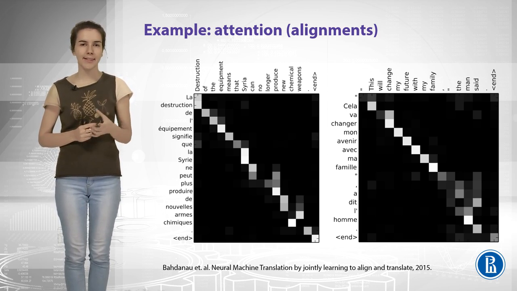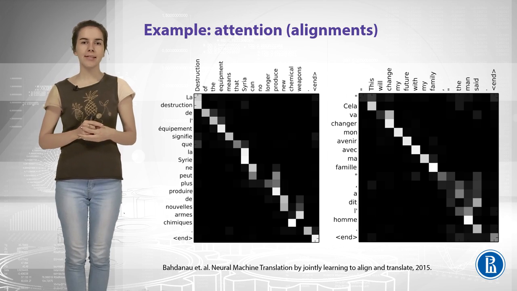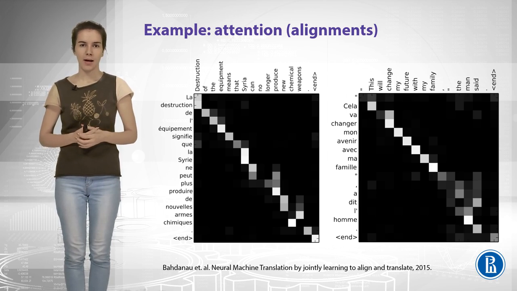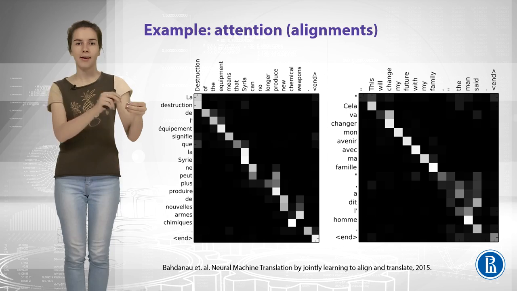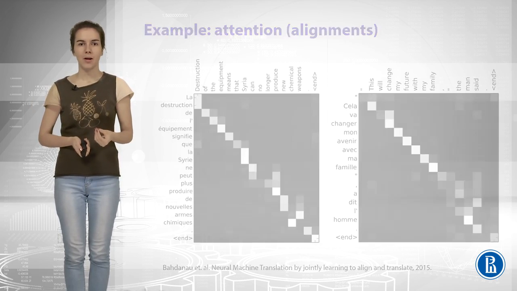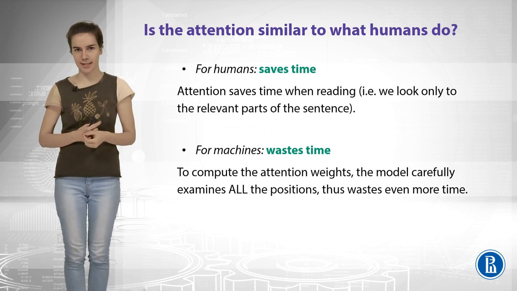Now, do you think that this attention technique is really similar to how humans translate real sentences? I mean, humans also look into some places and then translate these places. They have some attention. Do you see any differences? Well, actually, there is one important difference here.